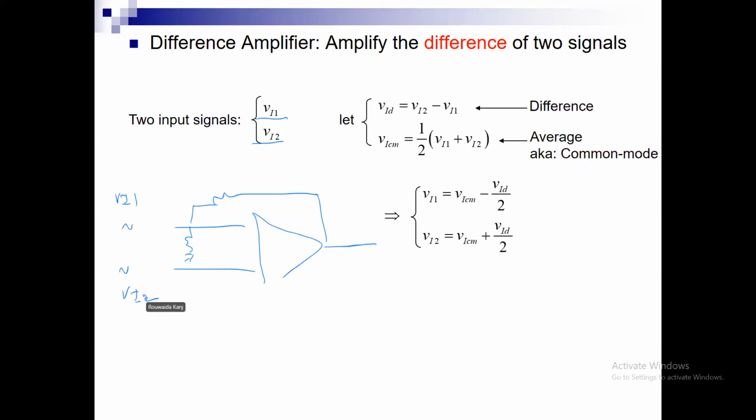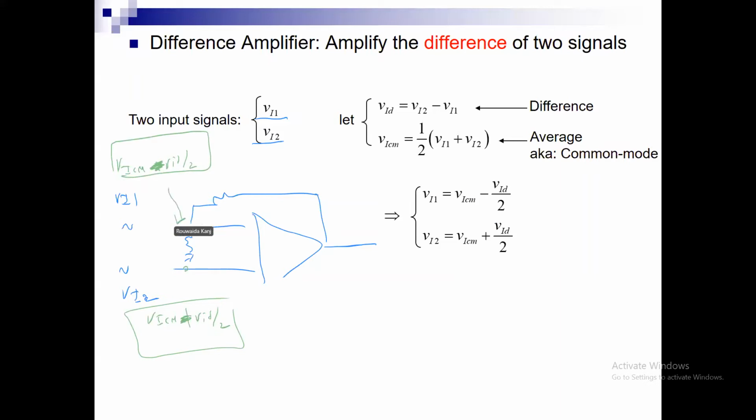VI1 has some carrier part plus noise plus a common mode plus VID over 2, and VI2 has the common mode minus VID over 2, or vice versa. This one is minus and this one is plus. So the amplifier will see this whole thing at this input and this whole thing at this input.